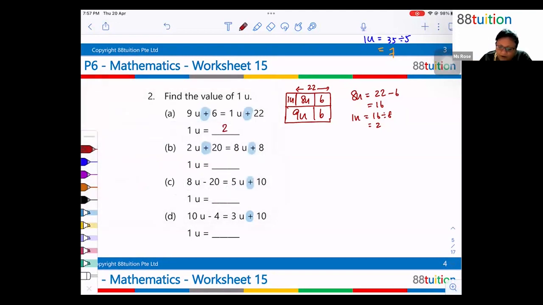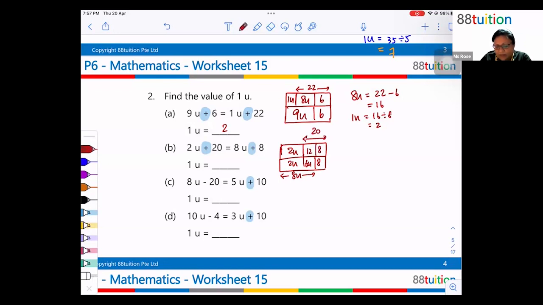So again, if I were to do it one more time with my part-whole model, I take 2 unit plus 20 is equal to 8 unit plus 8. From here, if I make parts equal, this part represents 20.